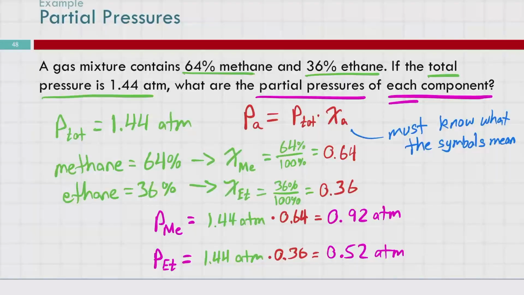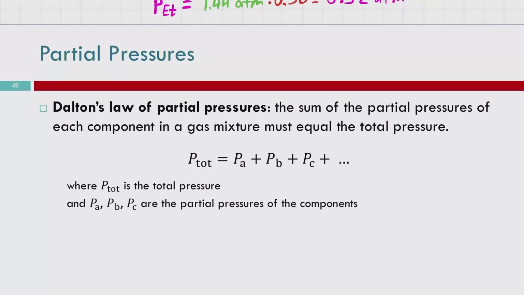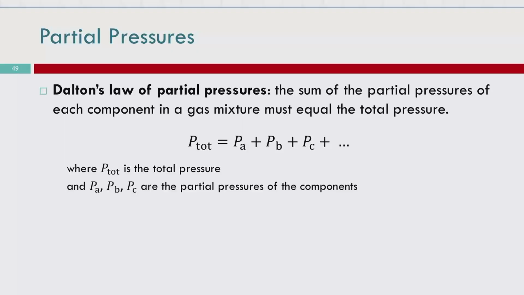Does anyone notice anything about our partial pressures and how they relate to our total pressure? When they're both added, they equal the total pressure. If you add them up, 0.52 and 0.92 atmospheres, it adds up to the total pressure. We have a name for that phenomenon. It's Dalton's law of partial pressures.